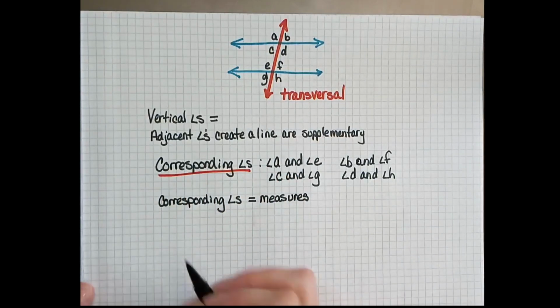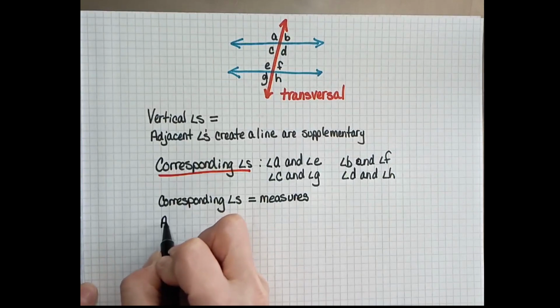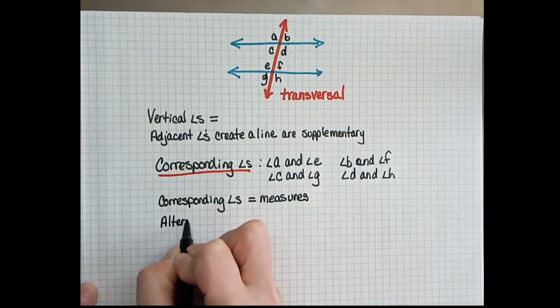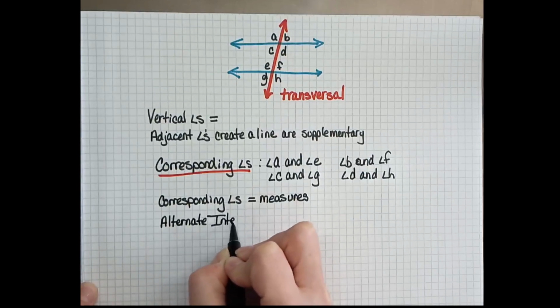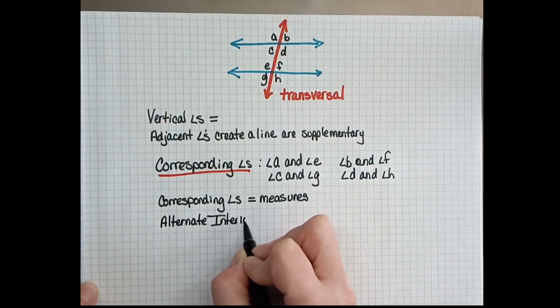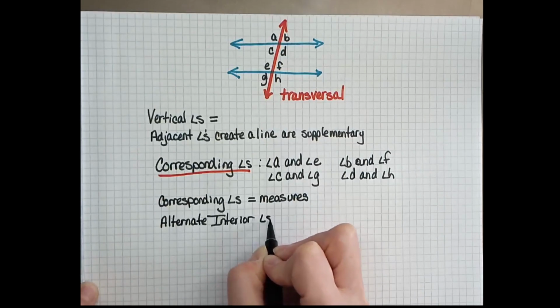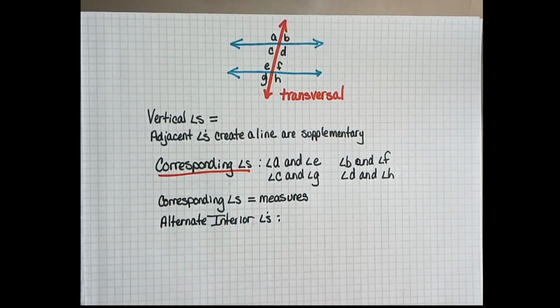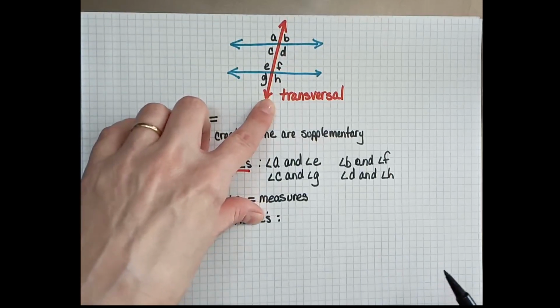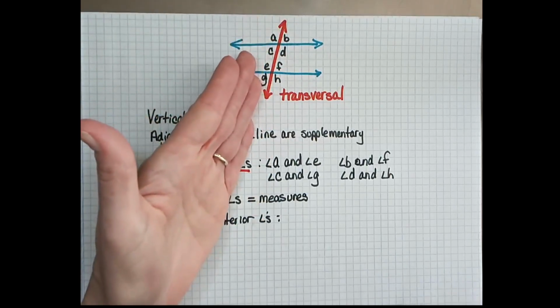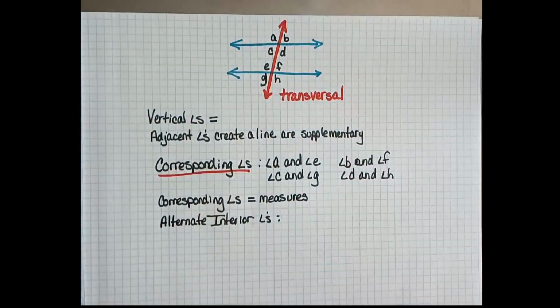Another one, alternate interior angles. Now, what do I mean by that? Alternate interior angles means they alternate either side of that transversal. So A, C, E, and G are on one side, B, D, F, and H are on the other.